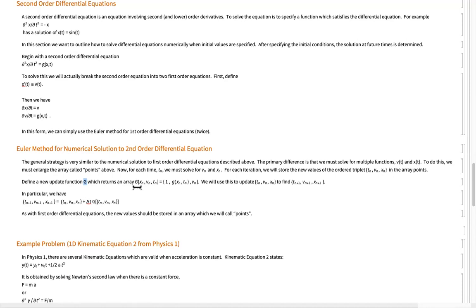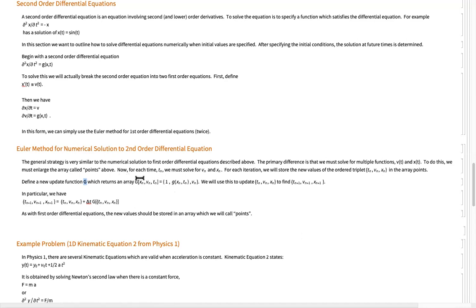So capital G, when you plug in the current values, is going to give the right-hand side for the different functions.